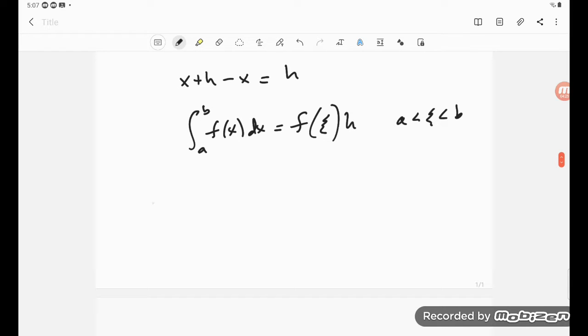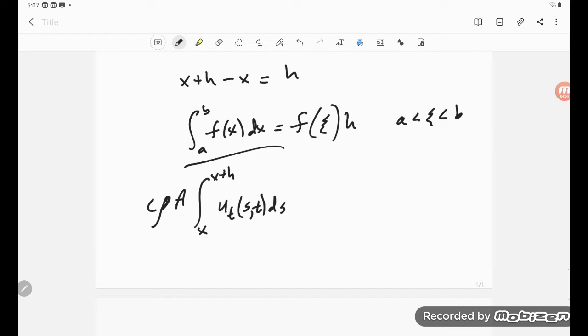Now, what that means is if we take the left-hand side of what we had, so we had c rho A times the integral from x to x plus h of u sub t of s, t ds. Okay, so we had that. As I look at my mean value theorem here, there's our integral.